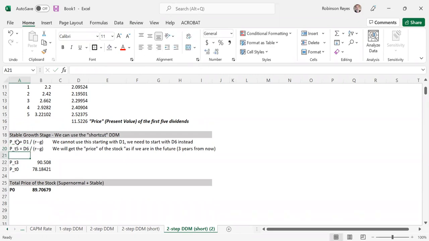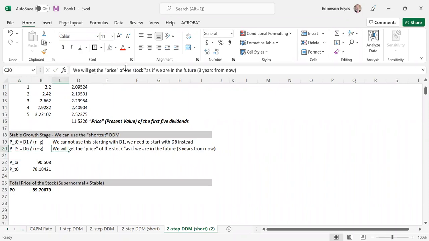Then the price of this stable growth dividends we will get is as if we are standing in period 5. Here we have dividend 1 and we get the price today. Here we have dividend 6, so we get the price in period 5, and this is the present value of dividend 6 and all the dividends after dividend 6 for the foreseeable future.